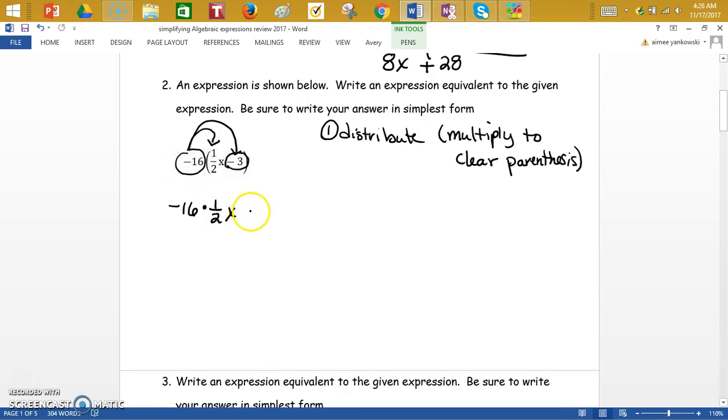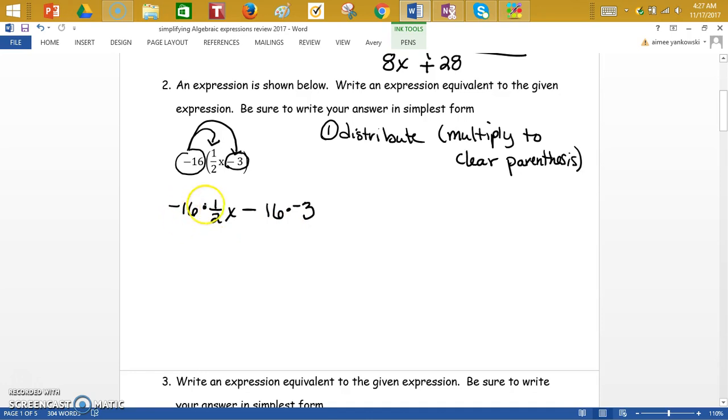So this is going to be minus 16 times the negative 3. Do you see here I have 2 minus signs? That's why I have two minus signs here. Some of you may have already jumped to a negative times a negative is a positive, and I'll get there in a moment. But I wanted to write it out in case you need to see how we distribute.